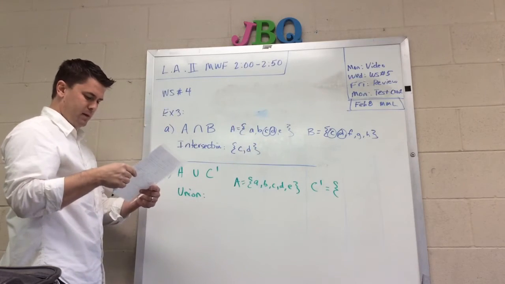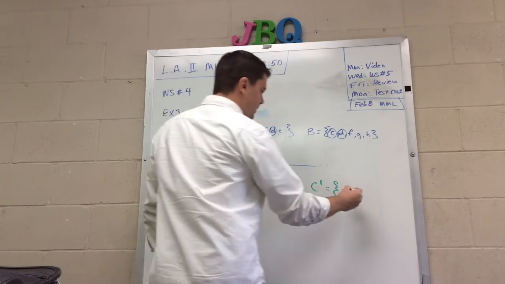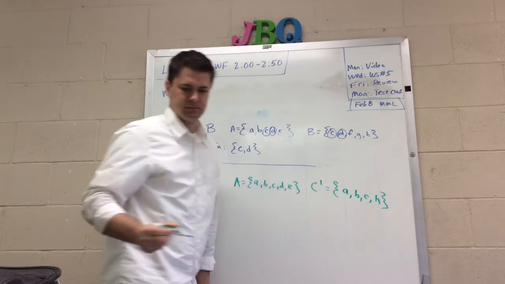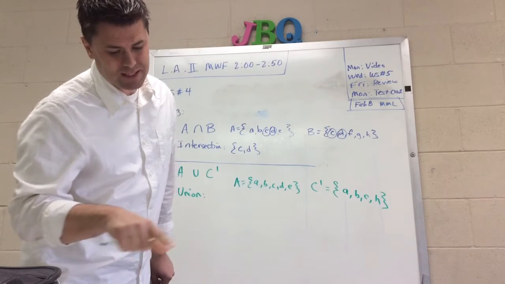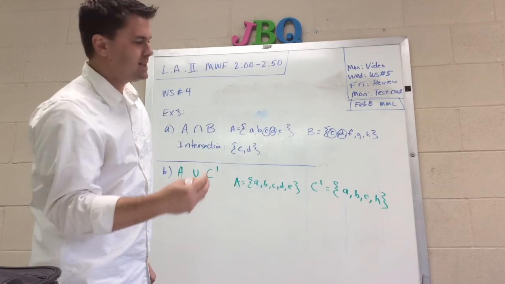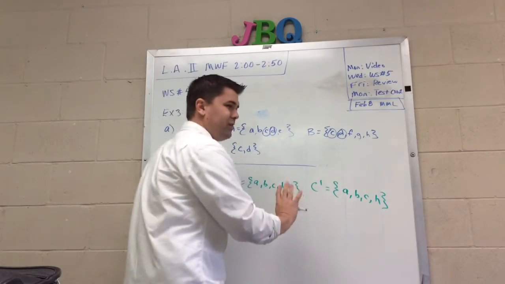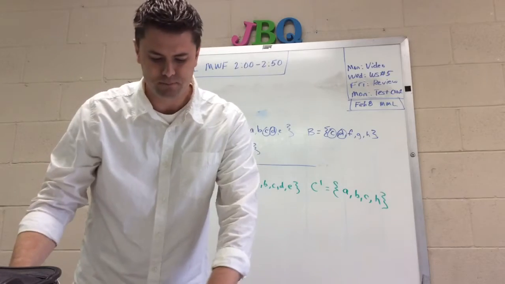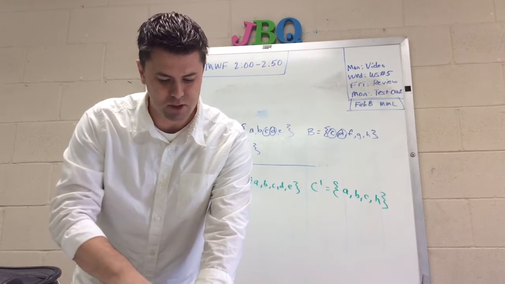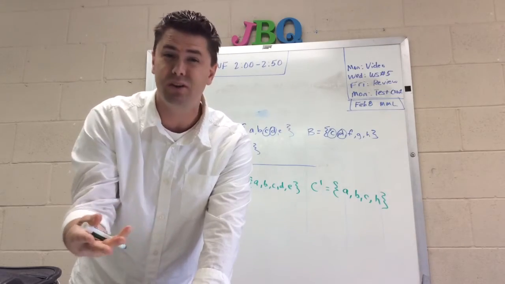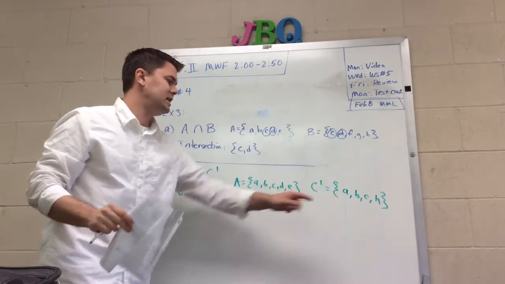So C complement would be A, B, C, and H. So again, if you look in C, we've got E, D, F, G, I, J. C complement is going to be everything else. So you could probably look at your Venn diagram, cover up circle C, and you're going to see A, B, C, H is the only thing left over. So that is what C complement is.